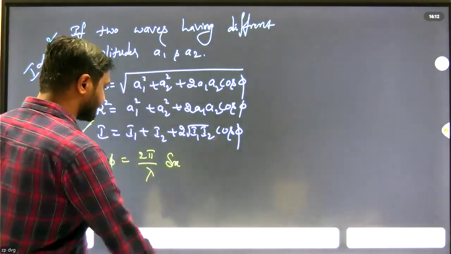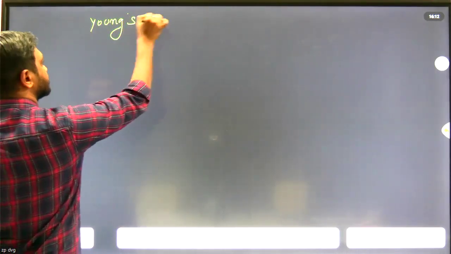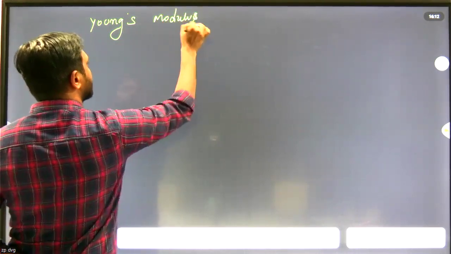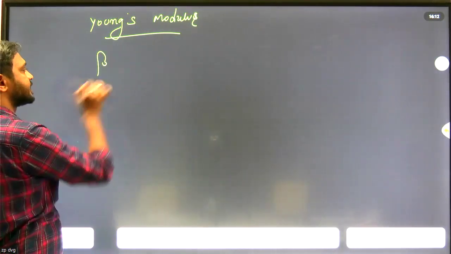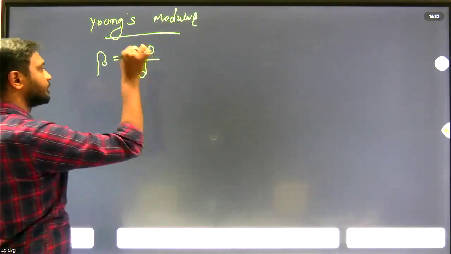The next one is Young's double slit experiment. What is the fringe width formula? That is beta equals lambda D divided by d.